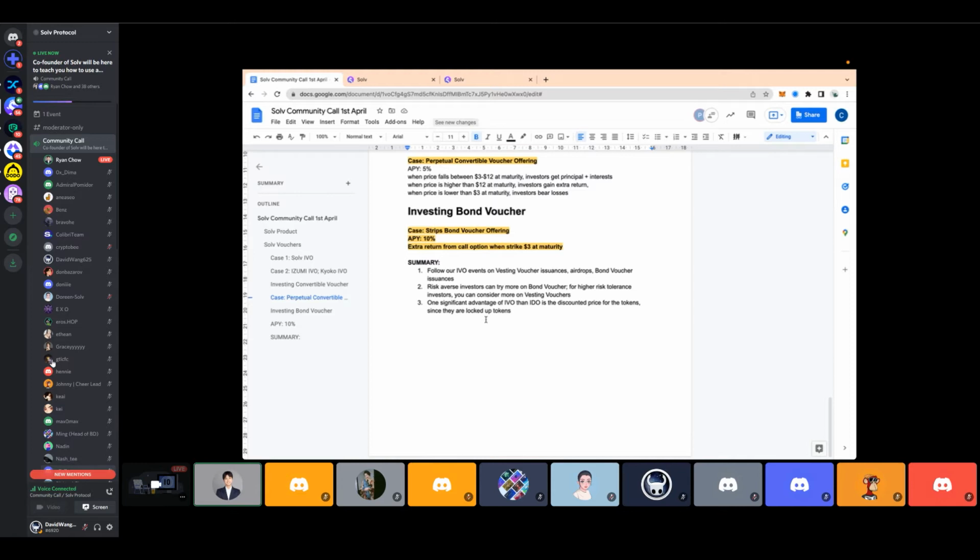The second thing is that risk-averse investors can try more on bond vouchers, because you can deem a bond voucher as a much more attractive and sustainable yield farming, and you can deem the vesting vouchers as a much more risky kind of IDO.